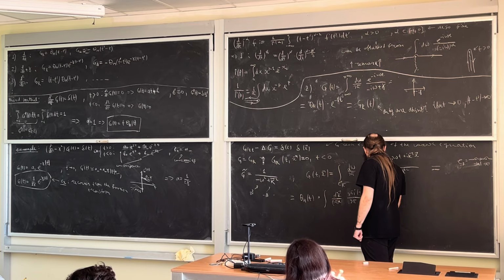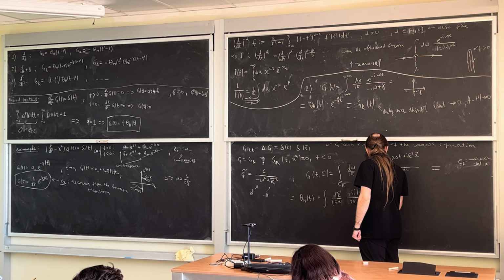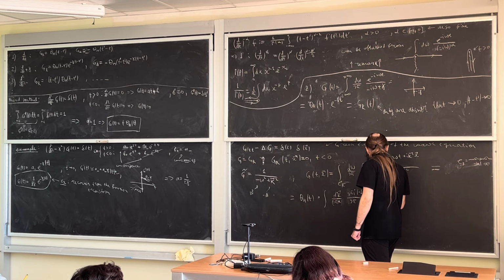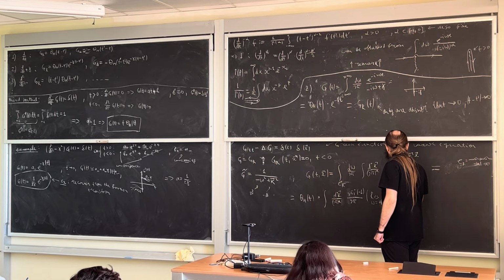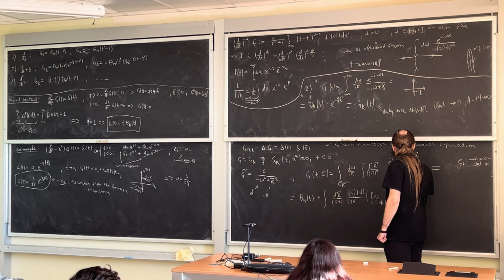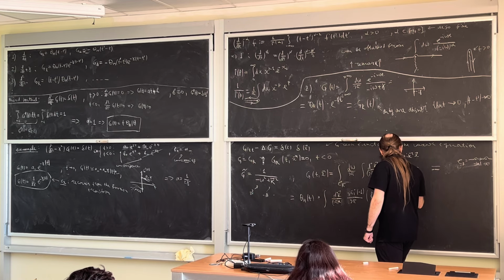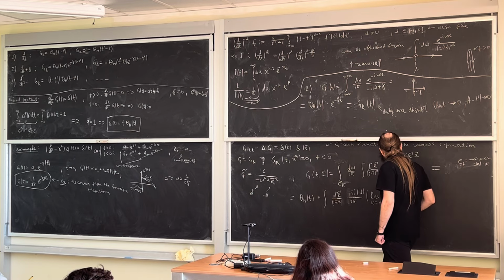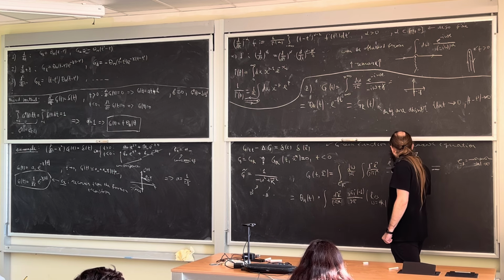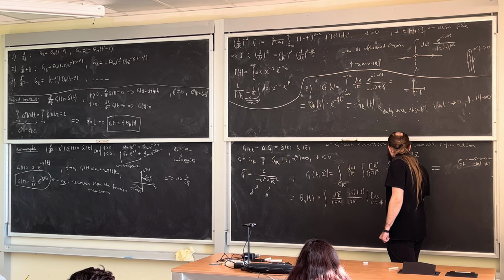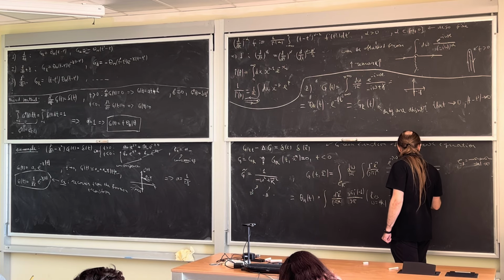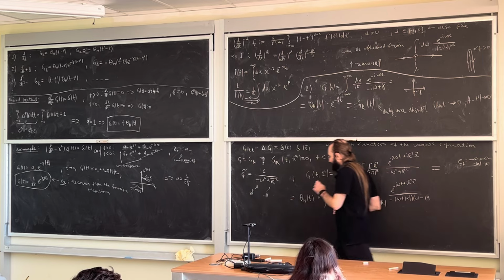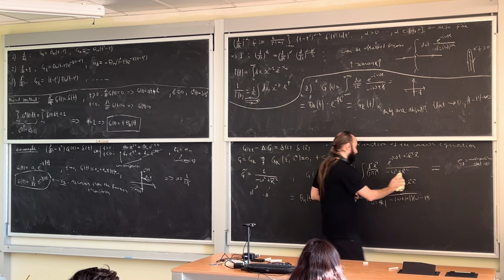at omega equals plus or minus absolute value of k. And let us write this denominator as omega plus absolute value of k, omega minus absolute value of k. So I should have moved it a little bit.